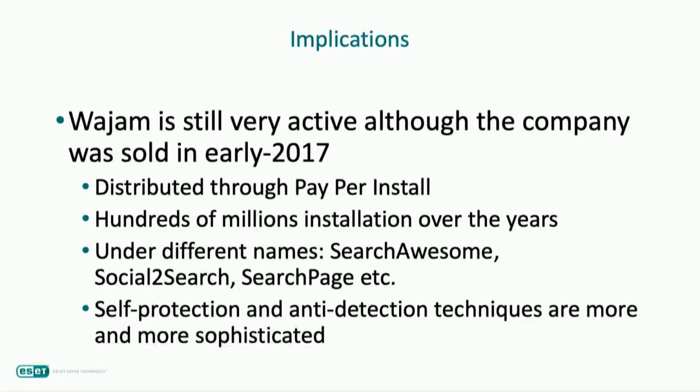The OPC, the Office of the Privacy Commissioner of Canada, estimates that there were hundreds of millions of installations between 2011 and 2016. They use different names, such as social research, search page, etc. And the self-protection and anti-detection techniques are more sophisticated than ever.